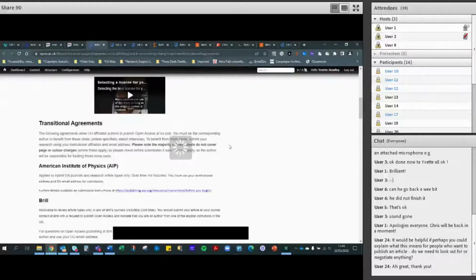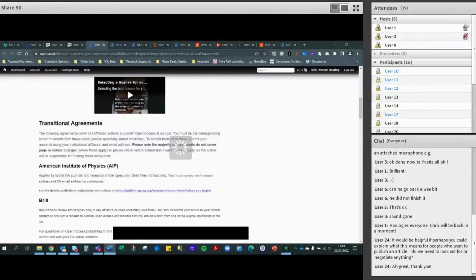Generally, you would need to use your OU email address so that they can check your institutional affiliation, to make sure that you are a current member of staff, research staff, or a current PhD student. So all of this information on this page will help you to navigate all of that.